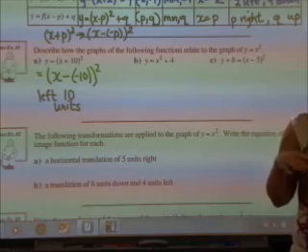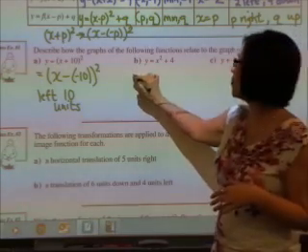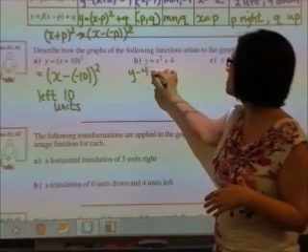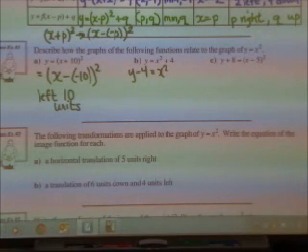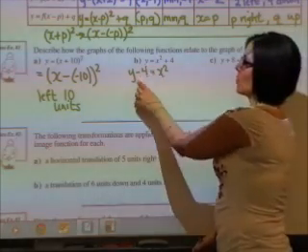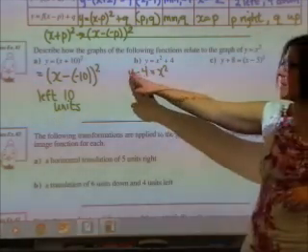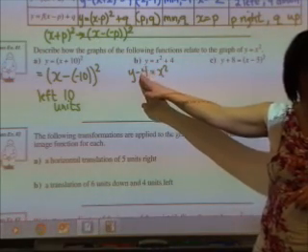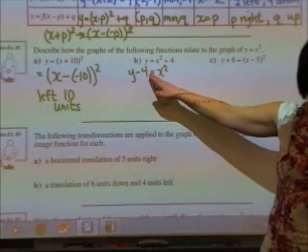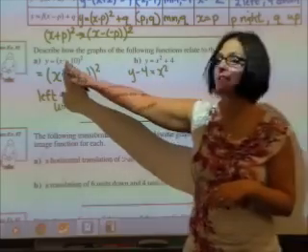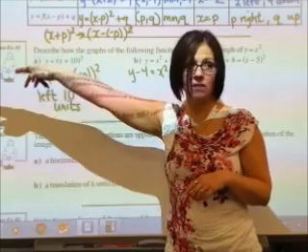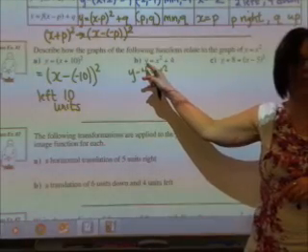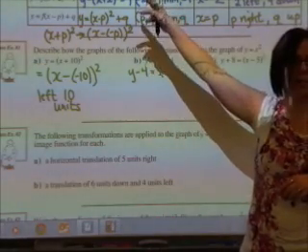You can choose to do this one of two ways. You can put it over with the y, in which case you'd have a y minus 4 equals x squared. And then you have to remember, when it's written as y minus, is that an up or a down? It's the same as when it's an x minus. So x minus p went to the right, y minus q is going to go up.